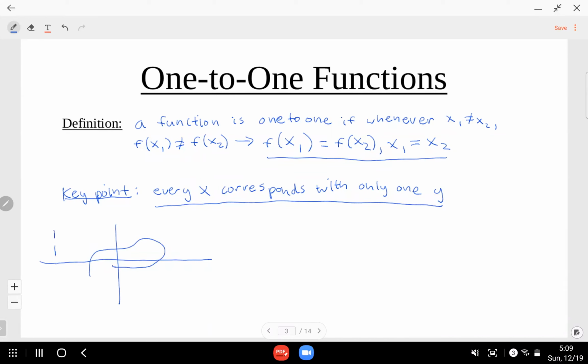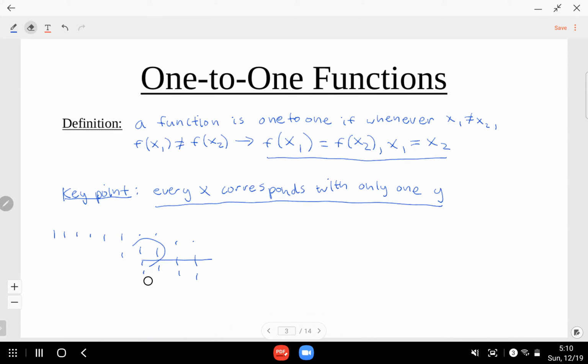Basically with the vertical line test, we draw an infinite amount of vertical lines, and if any of these vertical lines connect with two points, then it is not a function. Why? Because a function states that there cannot be an x value that corresponds with two y's. So that's not possible.